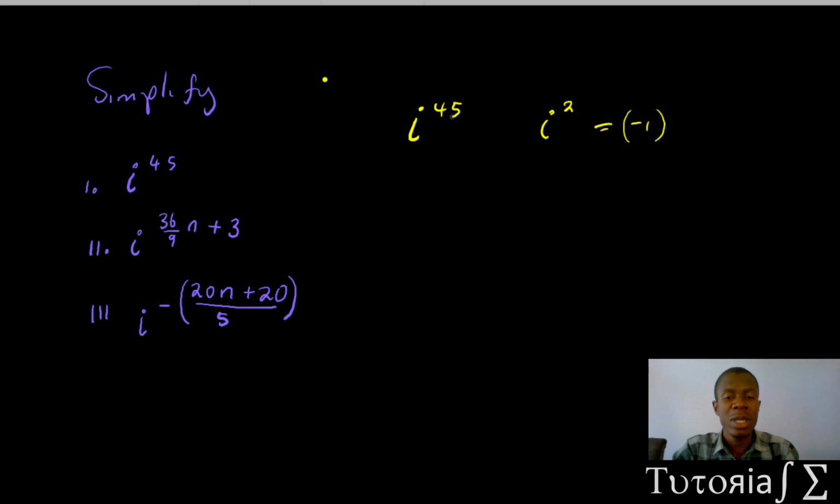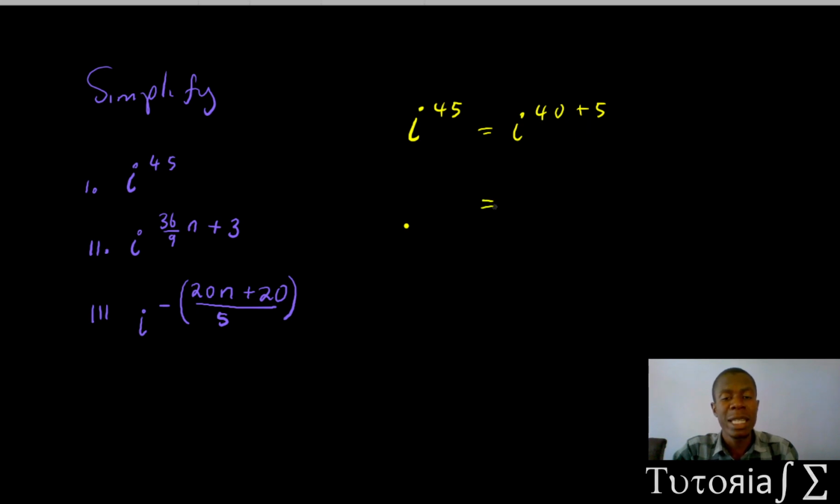In this case, 45 is not an even number, but there is a way we can make it even, because we can only introduce i to the power 2 if we have an even number. So we know that i to the power 45 can be written as i to the power 40 plus 5. So here we have an even number and an odd number.